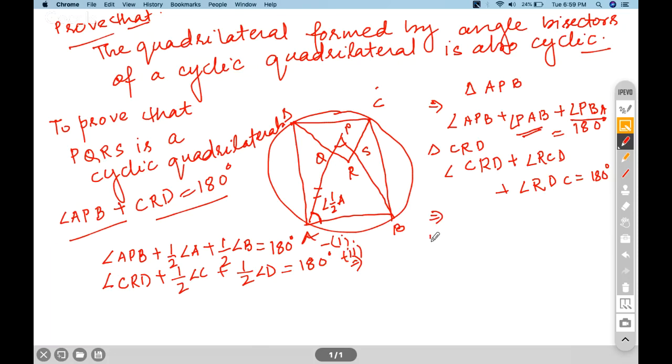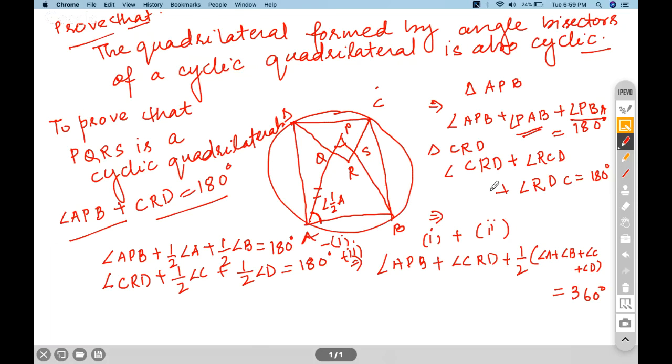Adding equation 1 plus equation 2, I get angle APB plus angle CRD plus half of (angle A plus B plus C plus D) equal to 180 plus 180, which is 360 degrees. Now in any quadrilateral, angle A plus B plus C plus D is equal to 360 degrees, so half of it is 180 degrees. So angle APB plus angle CRD plus 180 degrees is equal to 360 degrees.